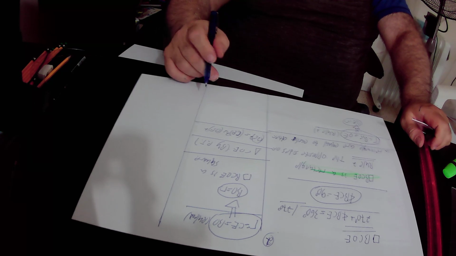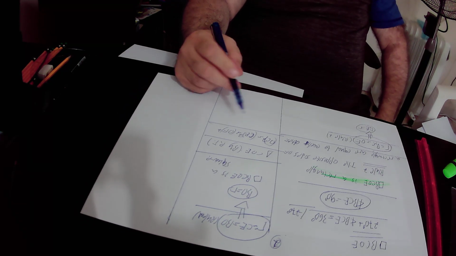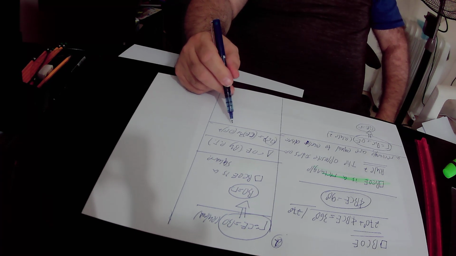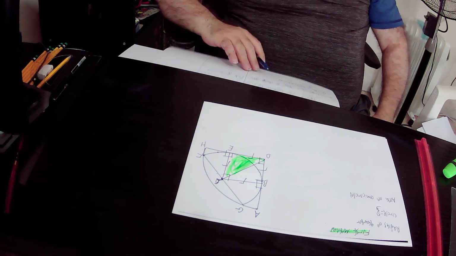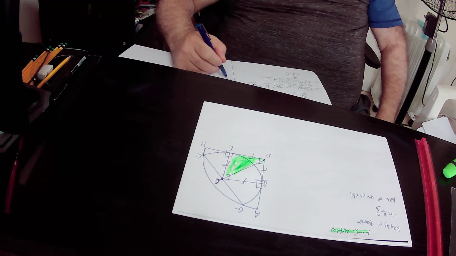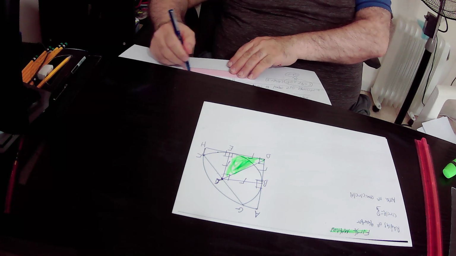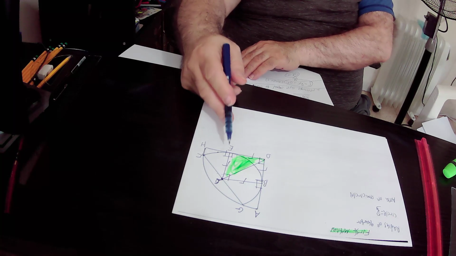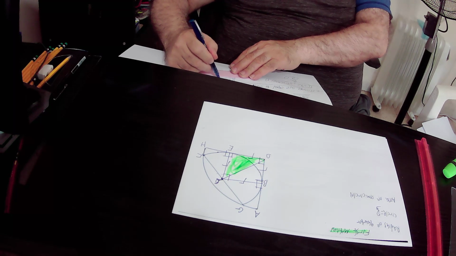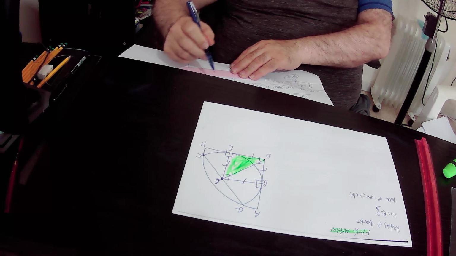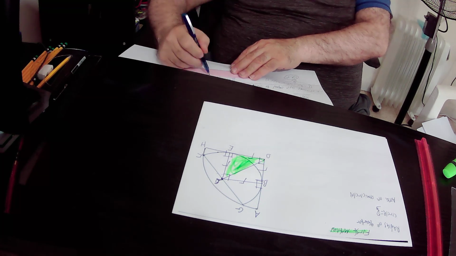In the right triangle COE, according to the Pythagoras theorem, OC square equals CE square plus OE square. OC is the missing variable, so we will leave it as it is. CE equals R, so CE square will be equal to R square, plus OE square. OE equals R, so OE square will be equal to R square.